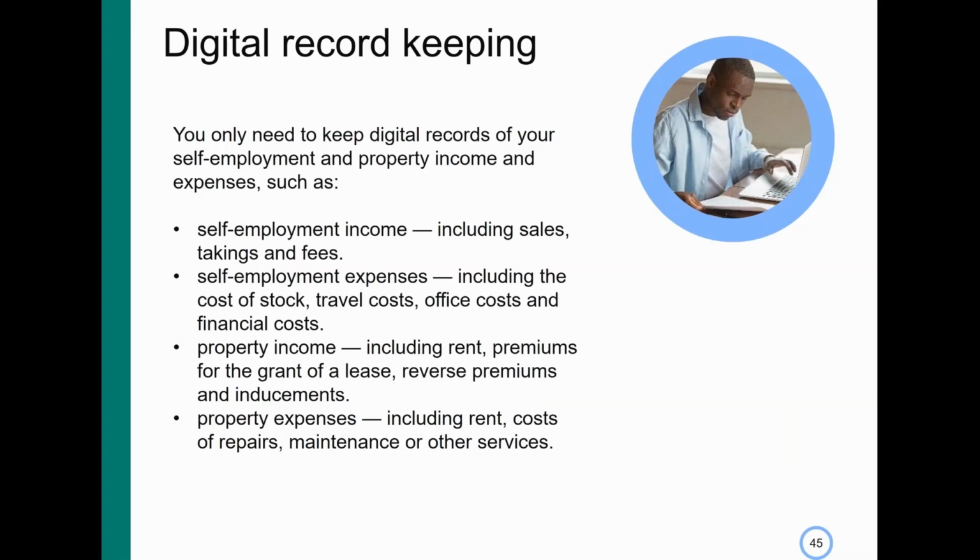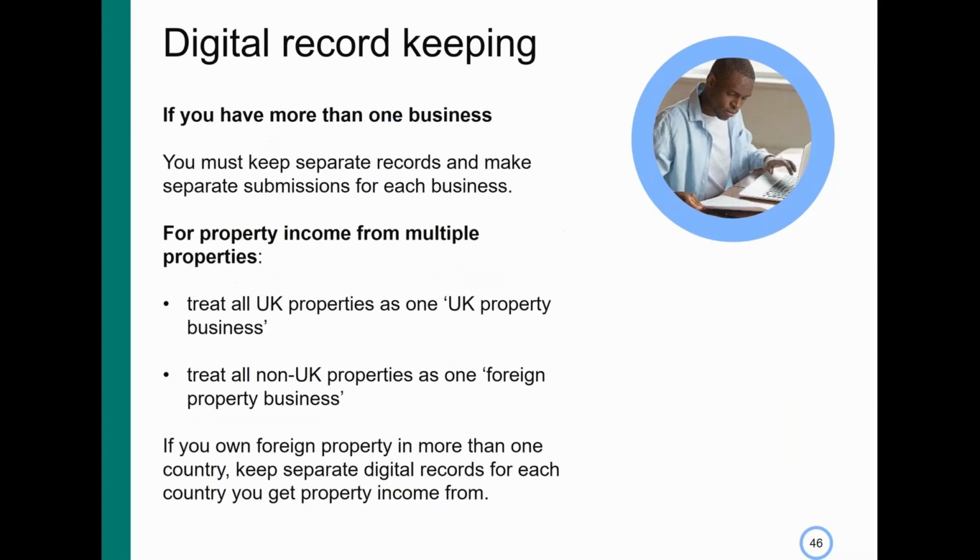If you have more than one business, you must keep separate records and make separate submissions for each business. You can treat all UK properties as one UK property business and treat all non-UK properties as one foreign property business.